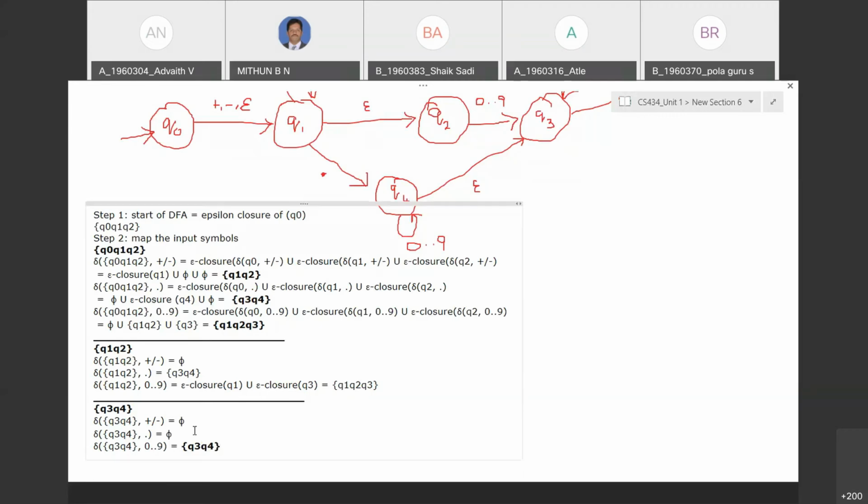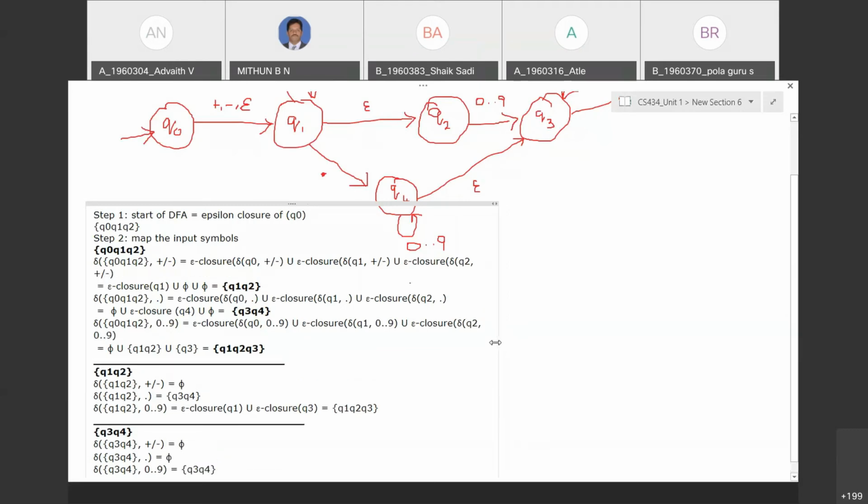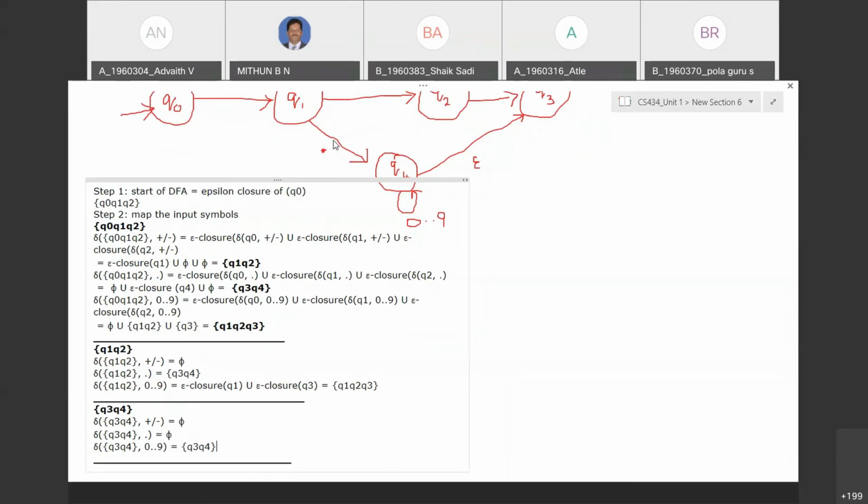Hope this is proper. Which is the available next state to be taken? It is Q1, Q2, Q3. Q1, Q2, Q3 with dot, plus minus, and 0 to 9. Q1, Q2, Q3 with plus minus is null.